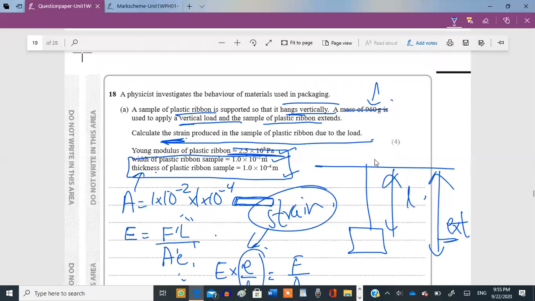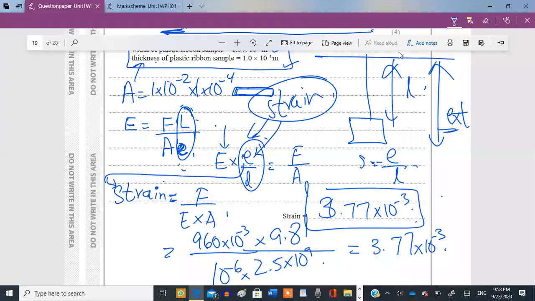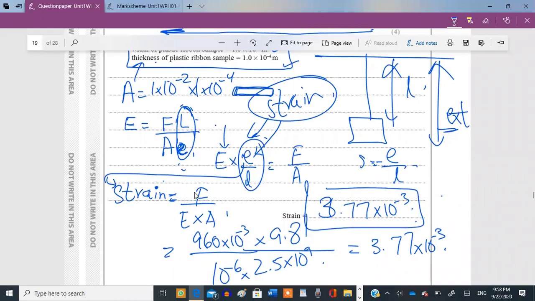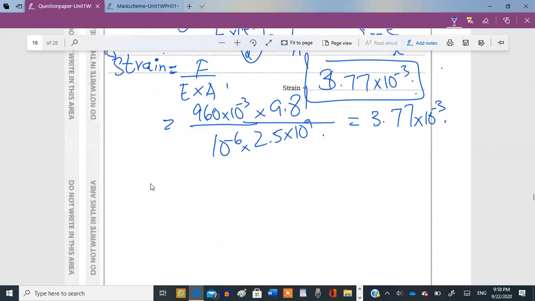But I cannot see the screen. Why did we have to rearrange it? Why not just substitute into the original formula and then get it? Yeah, you can do that as well, but you'll then have to calculate the stress first.